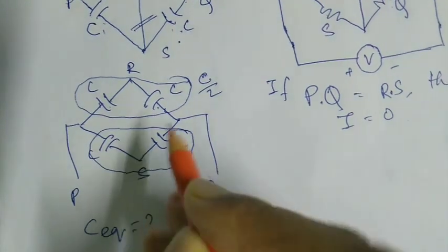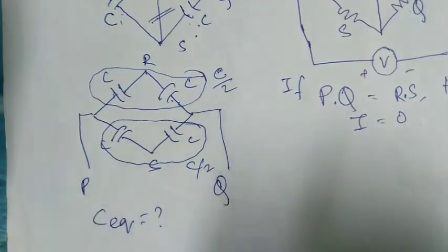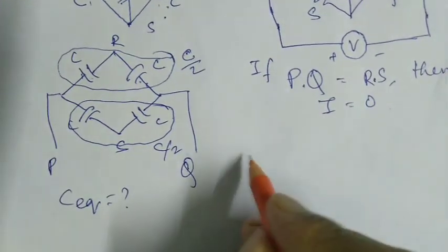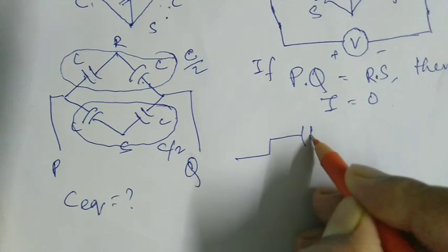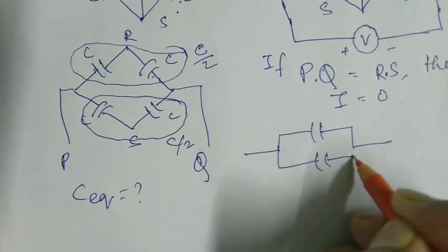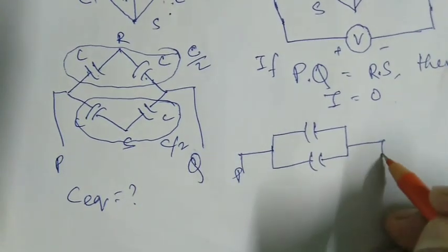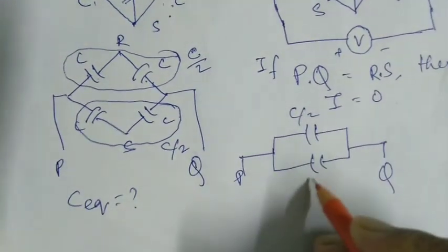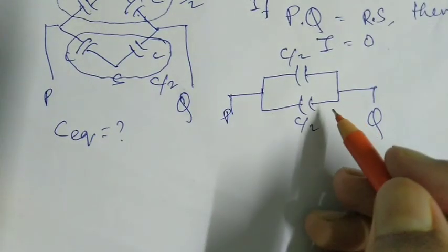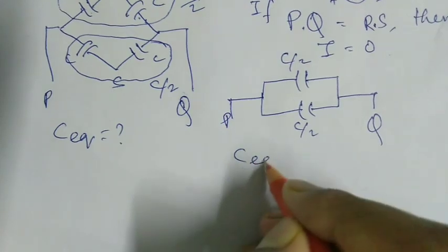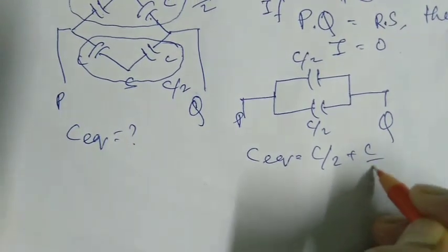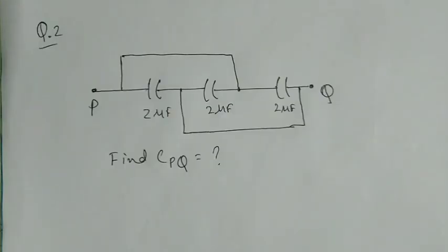After this we can draw it this way: P and Q, and this is C by 2 and C by 2, and capacitors in parallel add up, so C eq equals C by 2 plus C by 2 equals C. So the equivalent capacitance of that circuit was C microfarad.